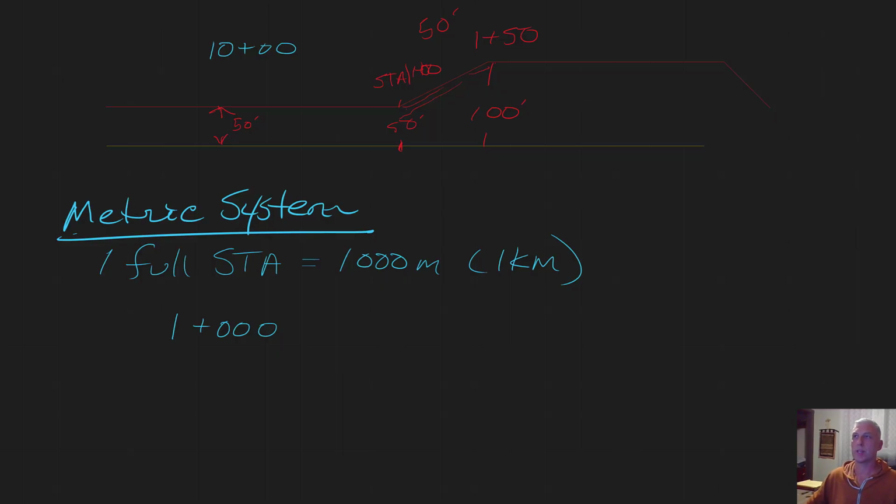Well, not the same distance because we're going from feet to meters. But when we're working in meters, 1,000 meters equals 1 plus 000 station. Okay? Pretty easy. Good thing to review because we'll get back to this concept, especially when we start introducing vertical curves. It can get a little dicey when we're trying to figure out how we're going to calculate the components.